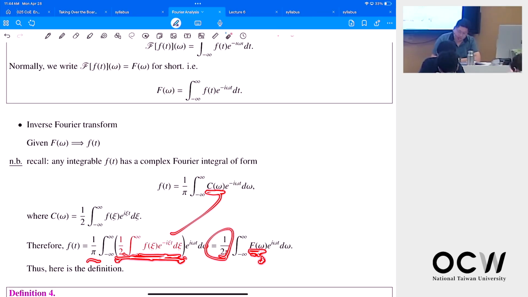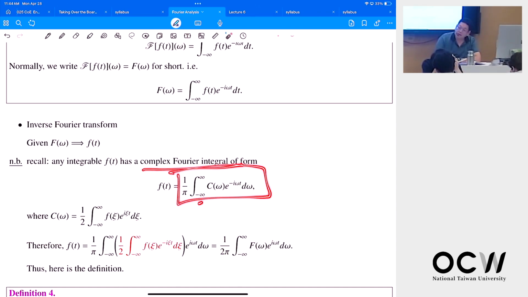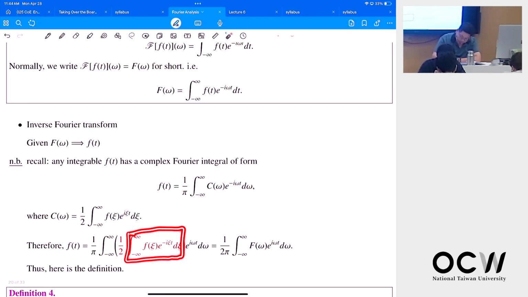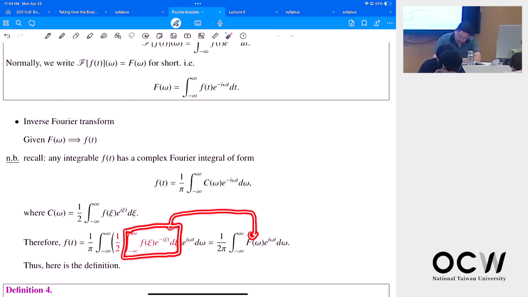Okay, so again, I have a function f by the complex Fourier integral. We know how to express that. We just did this, and to find the coefficient. So here's the coefficient. So bring this back to our coefficient. And here you can see that, especially for this part, you can think about this as a Fourier transform of your function f, because this is our definition.